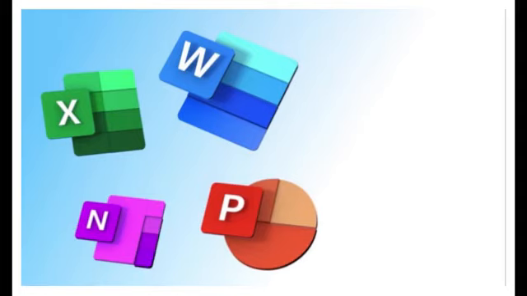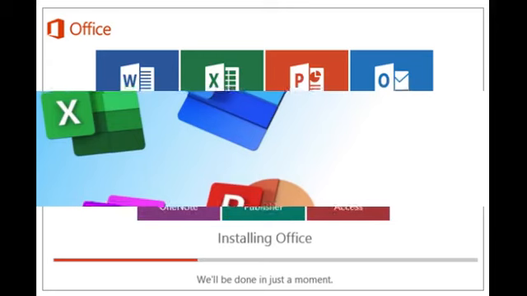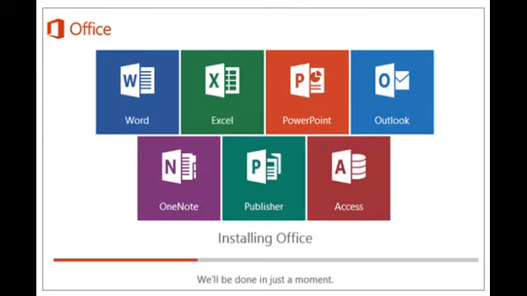Microsoft Office 2010. Microsoft Office 2010, Office 14.0, Microsoft skipped 13.0 due to fear of 13, was finalized on April 15, 2010, and made available to consumers on June 15, 2010.